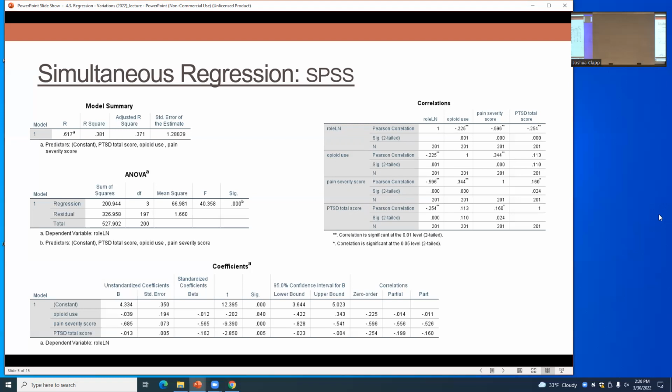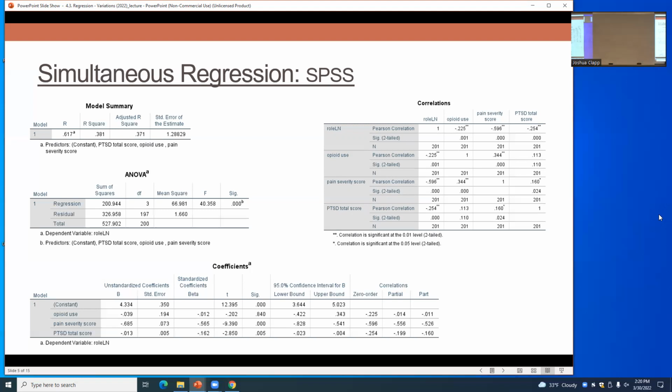to pain severity. Our part correlation, remember, is our semi-partial correlation. This is going to tell us, of the total variability in our outcome, what's uniquely attributable to that predictor in this model. So if we square our part correlation, our semi-partial correlation, it's going to say that of the total variability in the natural log of role functioning, whatever the square is, that percent is uniquely attributable to pain severity after we control things out, okay?